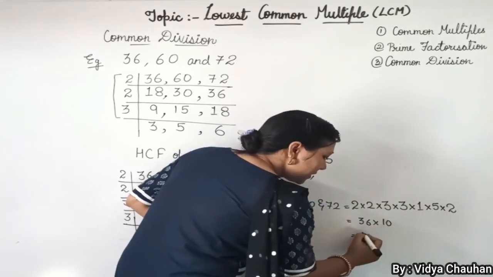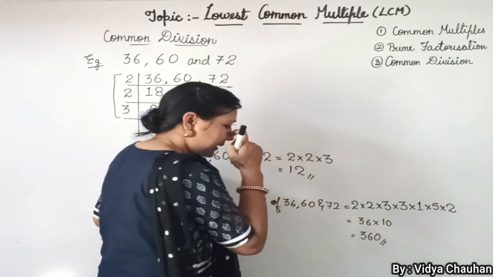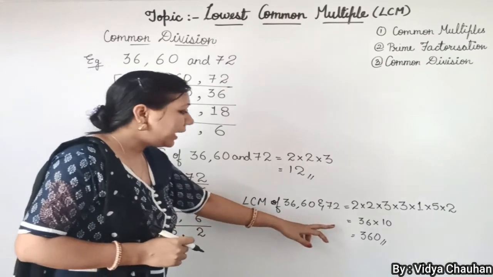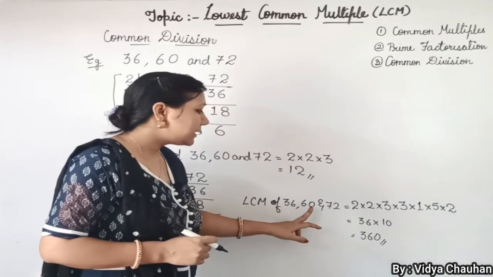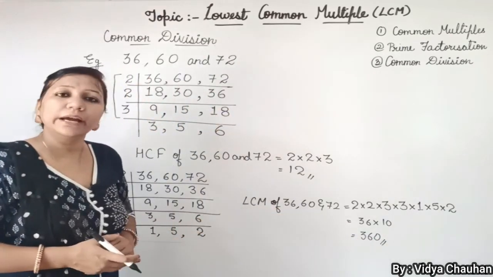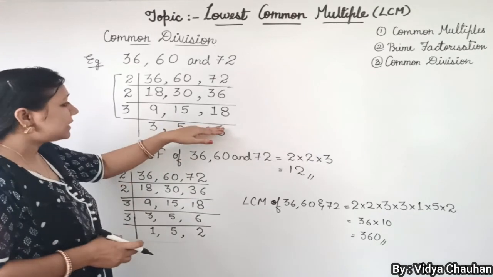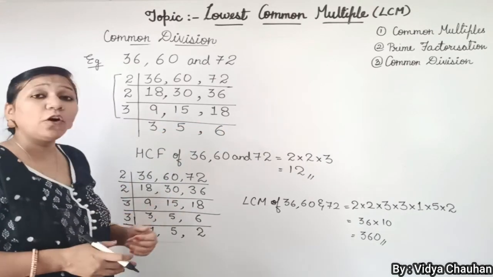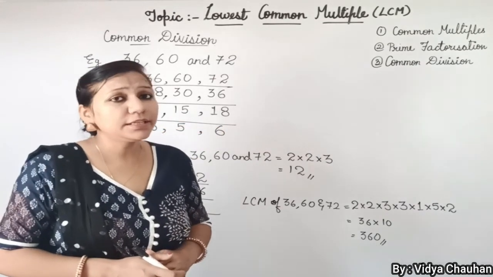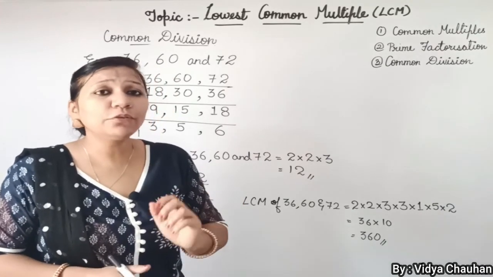Multiplying 36 with 10, what will be the answer? 360. So therefore, the LCM of 36, 60 and 72 is 360. So this is how you can find the HCF and LCM by common division method in the same question, but with a little bit of twist.